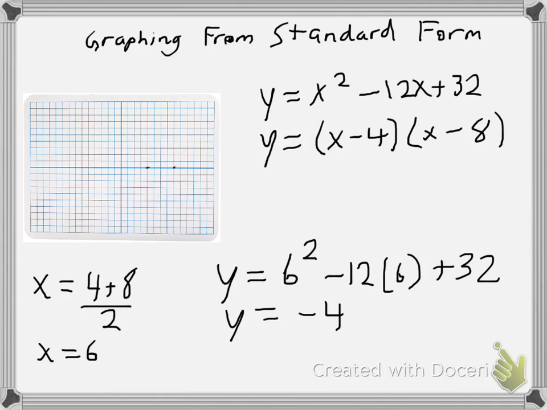So I made it go by 1. So after we're done graphing the x-intercepts, we're going to graph the vertex, which is at 6 and negative 4, which is right there.